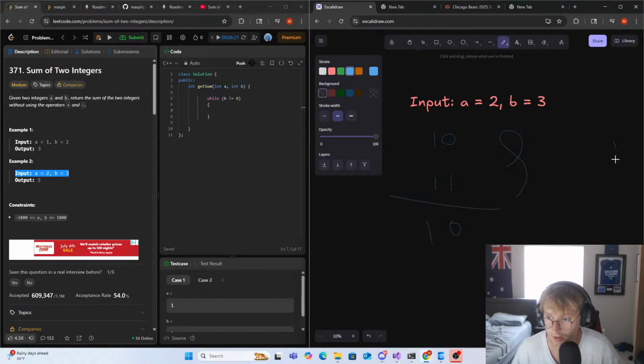That would be our AND, and our XOR here would be 0, 1. If we XOR 1, 0 and 1, 1, we would get 0, 1. Obviously that's not our answer here. So we have our carry here. We want to bit shift by 1, and we would go 1, 0, 0.